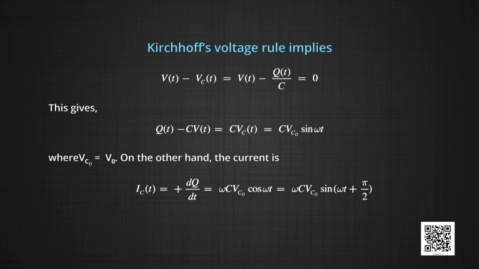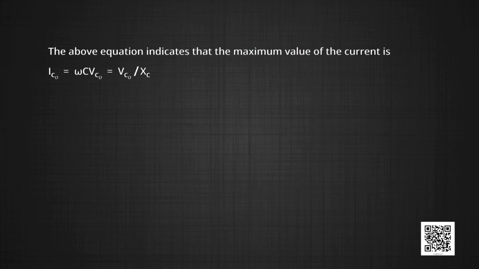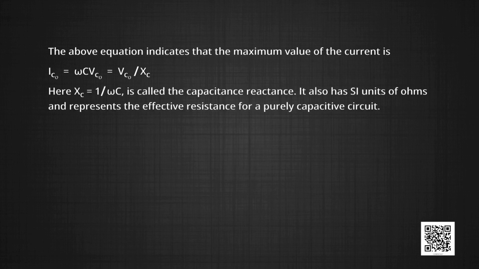The above equation indicates that the maximum value of current is Ic is equal to omega CV, that is equal to V divided by Xc, where Xc is equal to 1 by omega C, which is called capacitive reactance.